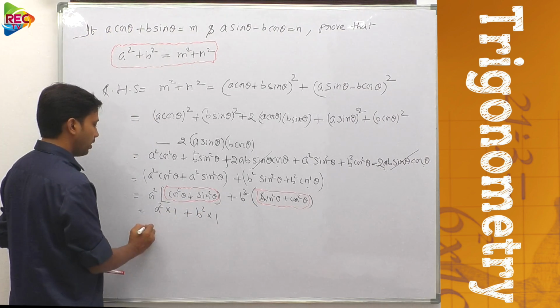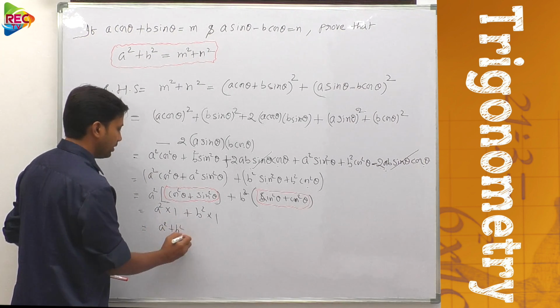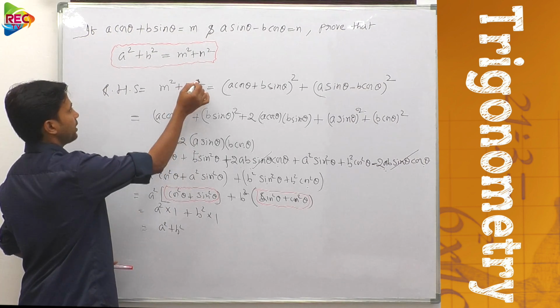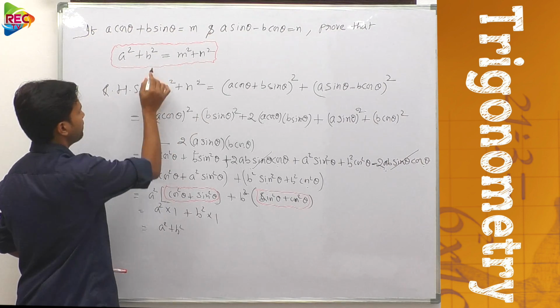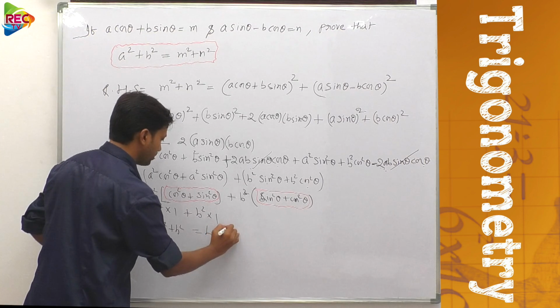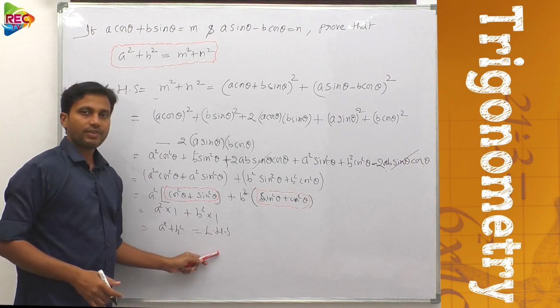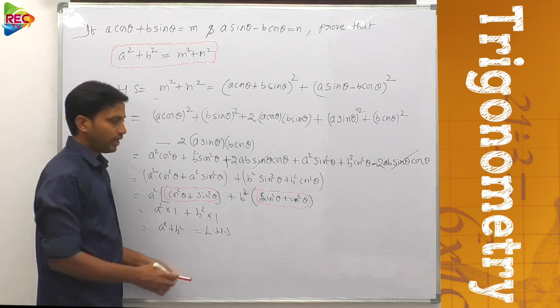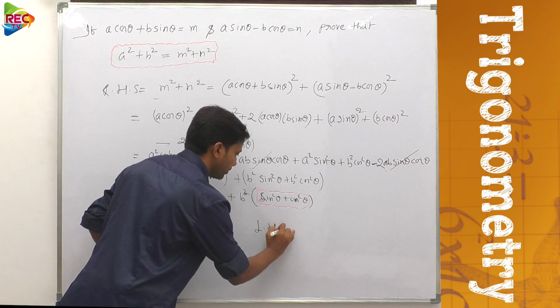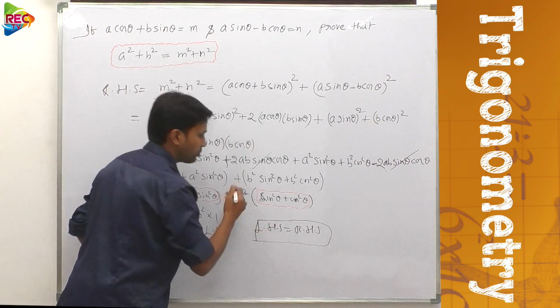So now we get a square plus b square. We took RHS and we successfully obtained LHS. Therefore LHS equal to RHS. So it is proved.